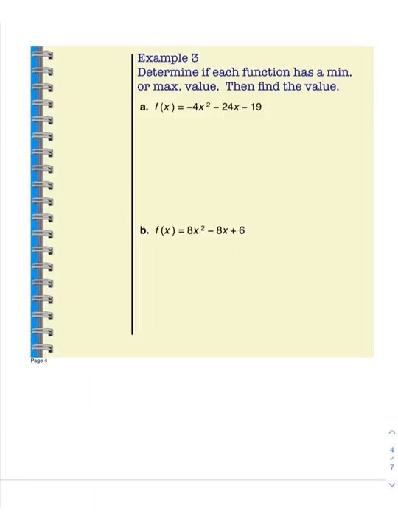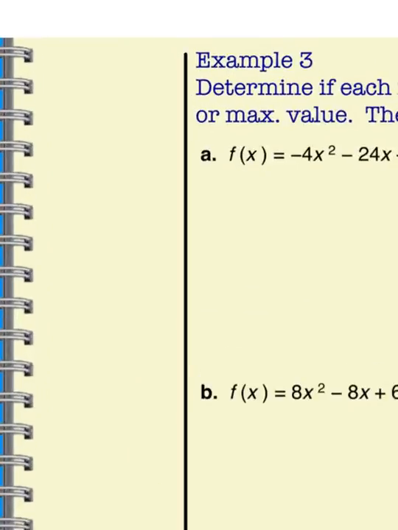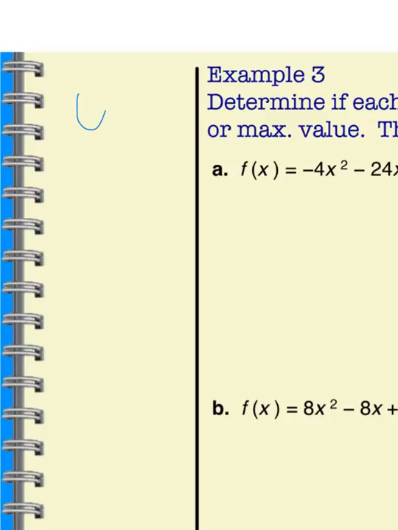All right, example 3. Determine if each function has a minimum or maximum value, then find the value. So again, we're going to find the vertex, but first I want to figure out if it's a minimum or a maximum. If you look back at the vocab, a minimum was defined as the lowest point on a parabola, the y value of the lowest point when the graph opens upward. That's our minimum.